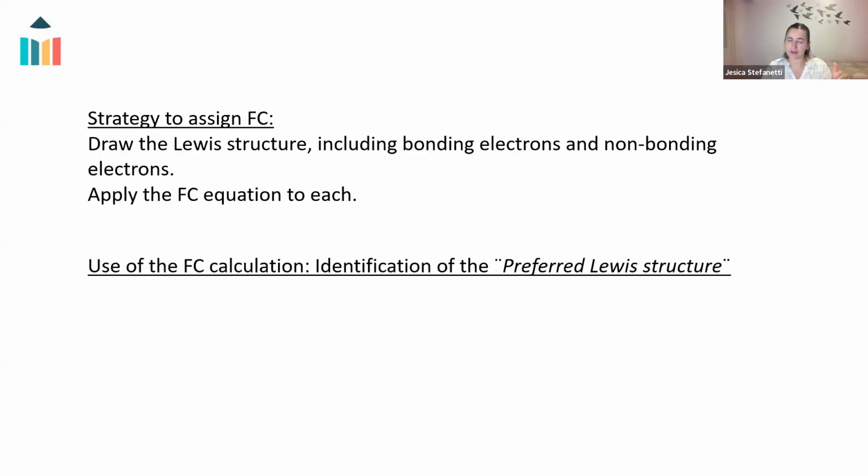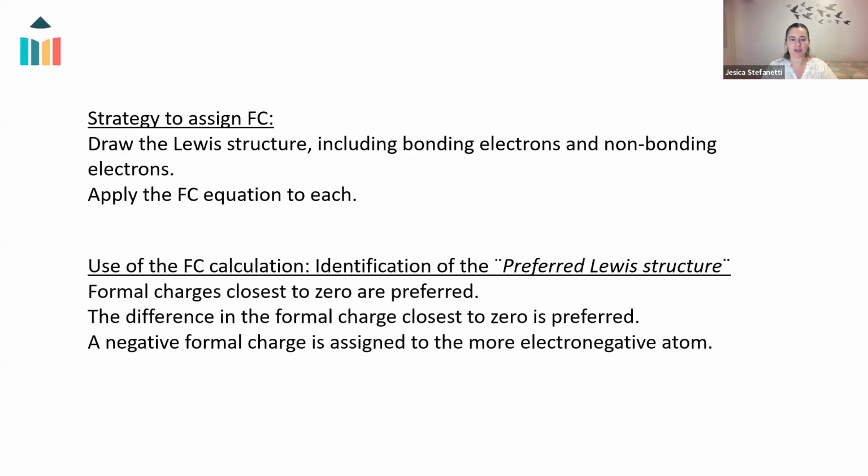First of all, you will draw the Lewis structure and get the formal charges, but then you will compare. The structure with the formal charges that are closest to 0 tends to be the one preferred. If you have too many charges, you can also check the difference. Formal charges that are huge do not tend to represent the most stable structure. Usually those closest to 0 are preferred.